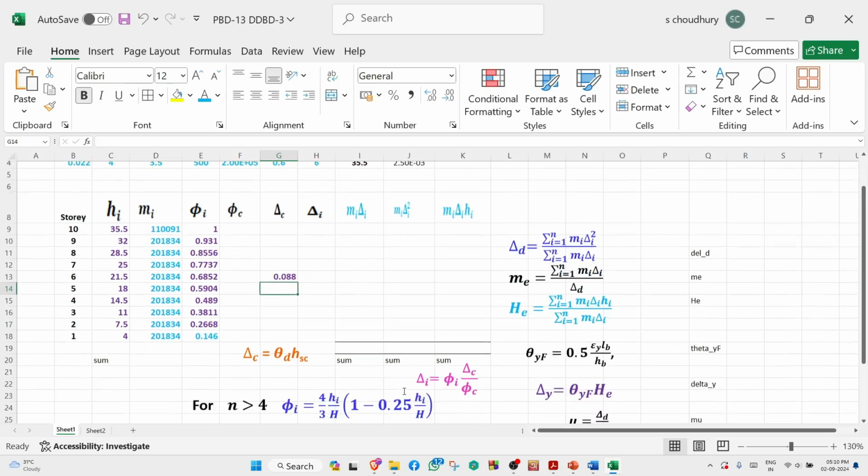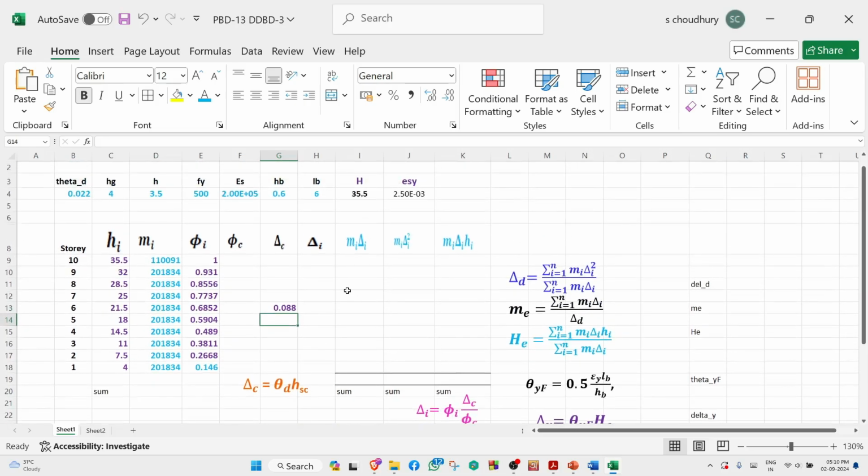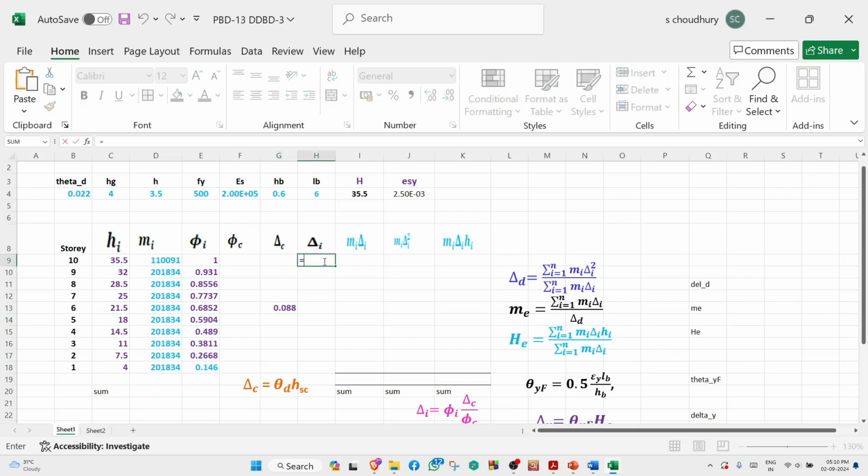Now delta I is given by phi I into delta C by phi C. So I can write down the expression of delta I here equal to phi I, which is here, star delta C, which is here. So this constant, you have to use dollar, divided by phi C. Phi C is this, we have seen 0.146, and this is constant.